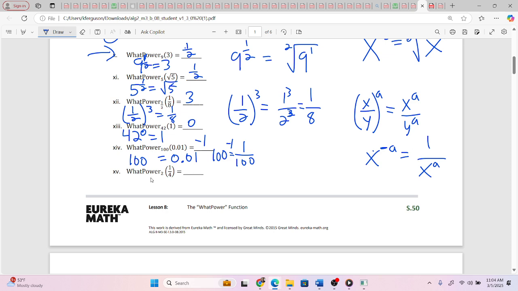So now, what power of 2 gives me 1 over 4? That's part of it. That's not it. 2. That's part of it. Do what you did for 3? 2.5. Definitely not 2.5, and it's not 1/2 either, because technically my number goes up.